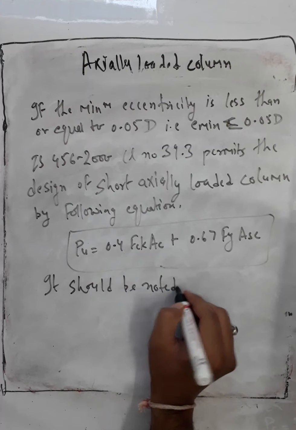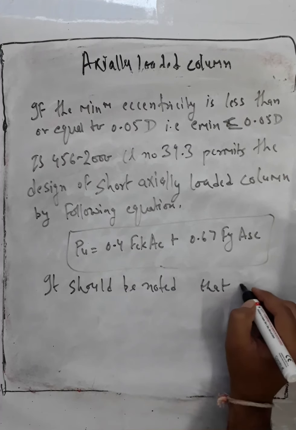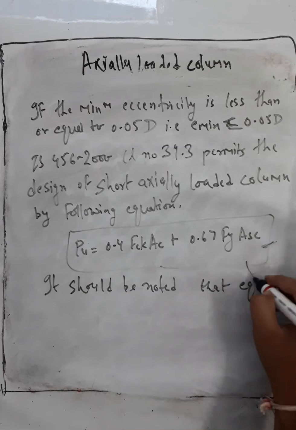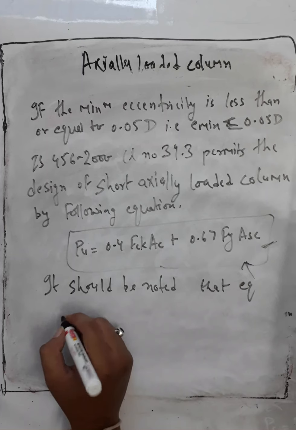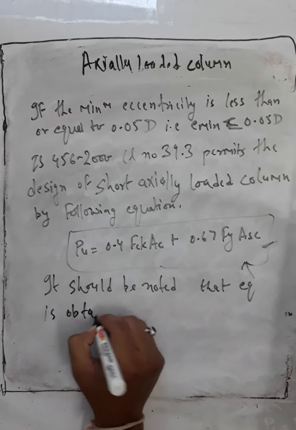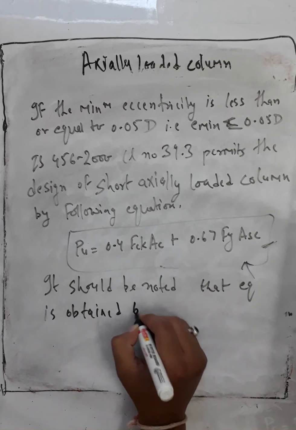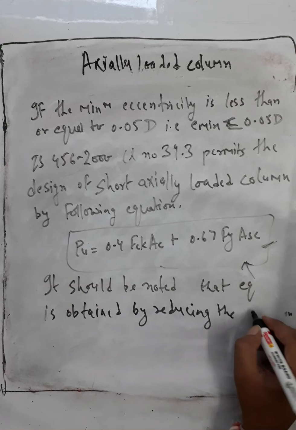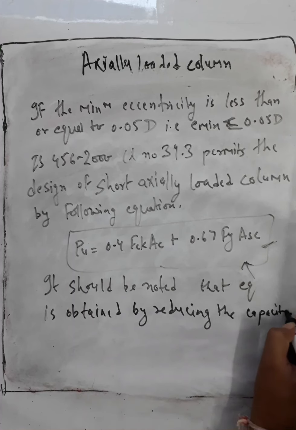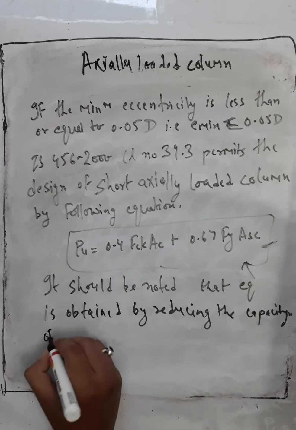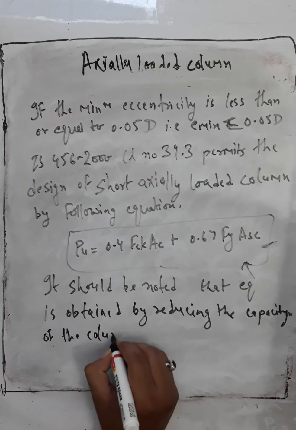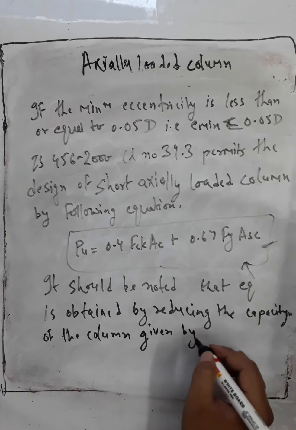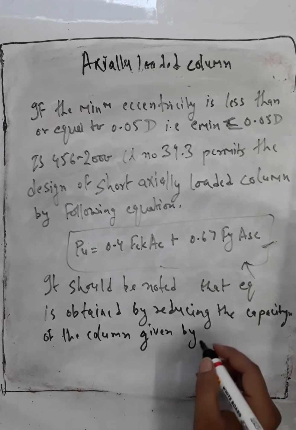Now it should be noted that this equation is obtained by reducing the capacity of the column given by equation.